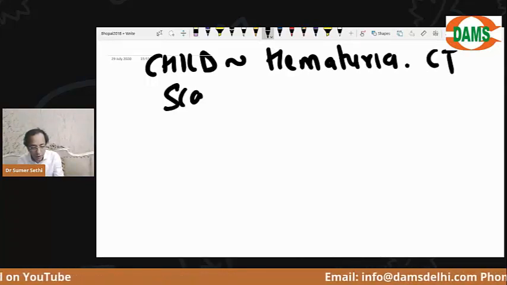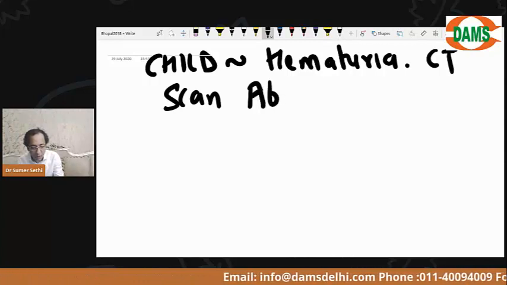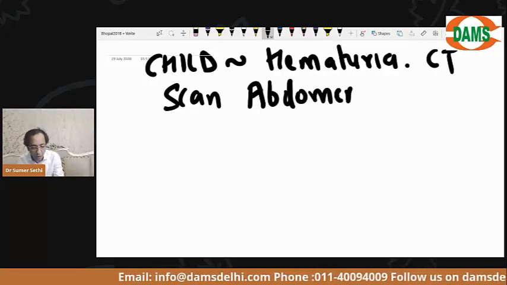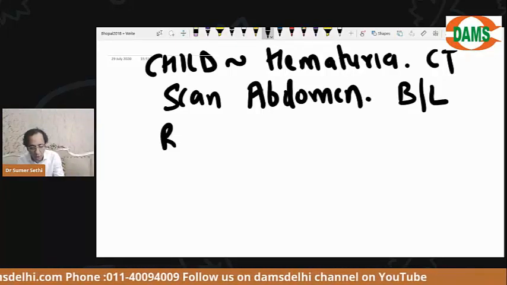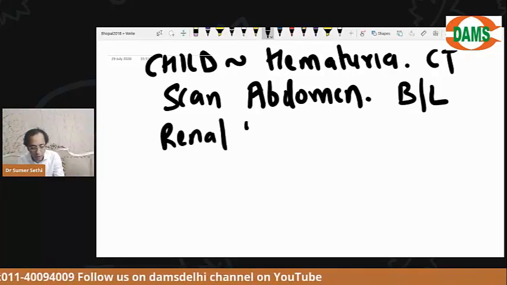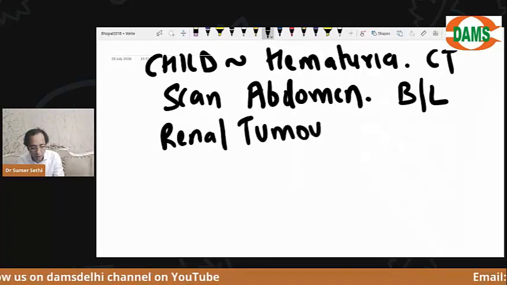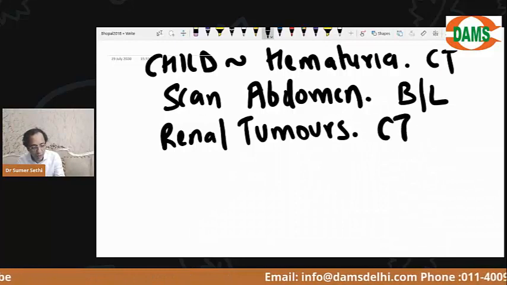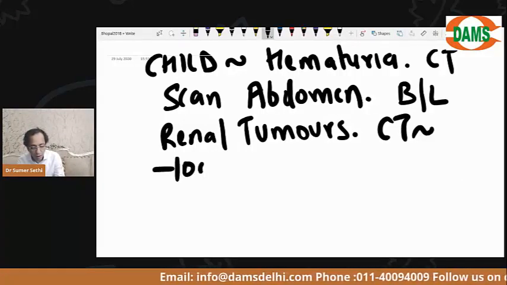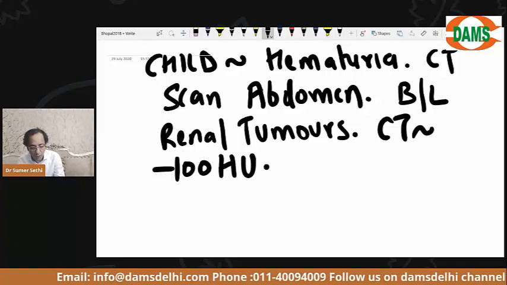A CT scan of the abdomen was done to evaluate him. He has bilateral renal tumors with a Hounsfield value of minus 100 Hounsfield units.